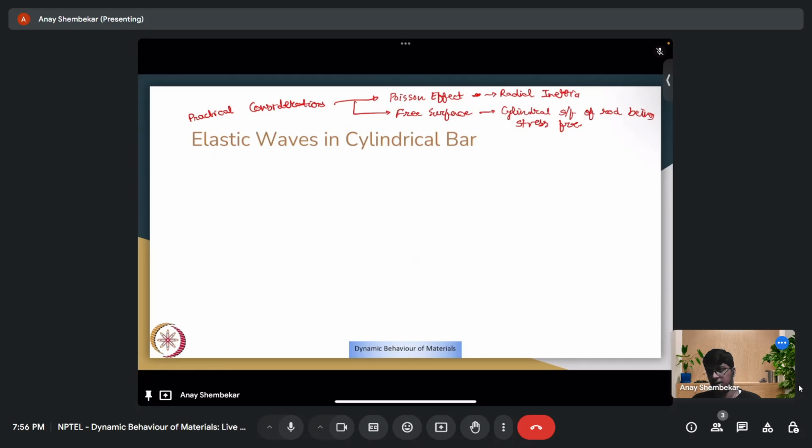Right. So, if we look at the Poisson effect part, suppose a compressive wave is traveling through a rod. So this is like the simplified case.